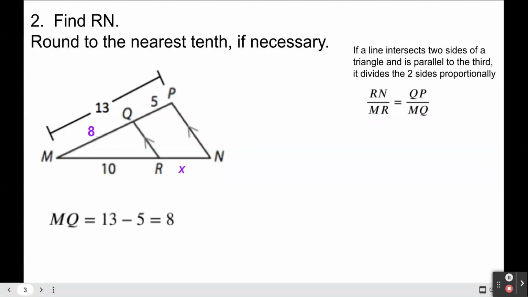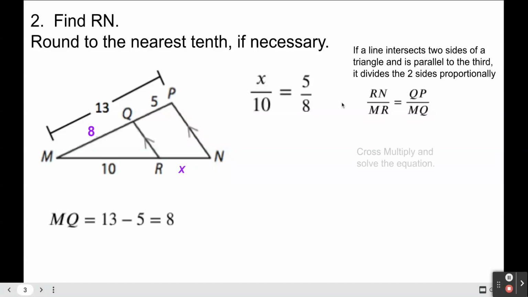So now we're ready to set up our ratio. X goes with the 10, and now we'll have 5 with the 8. We needed to use this 13 to find the 8 by subtracting the piece we already knew, that 5, away from 13. Now that we have our proportion, we can solve.